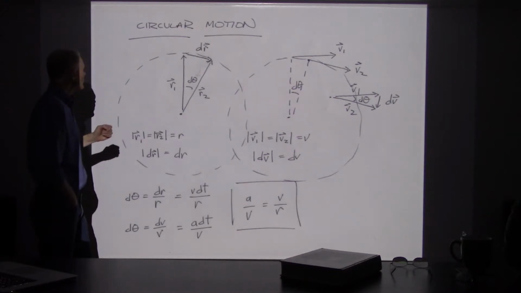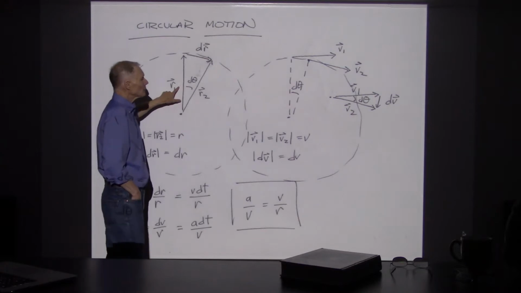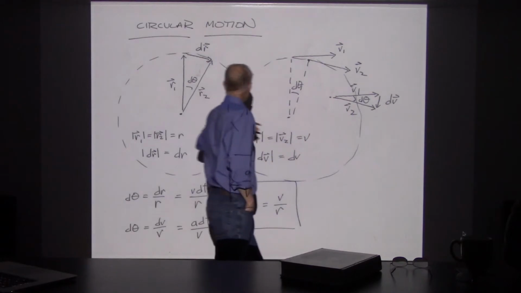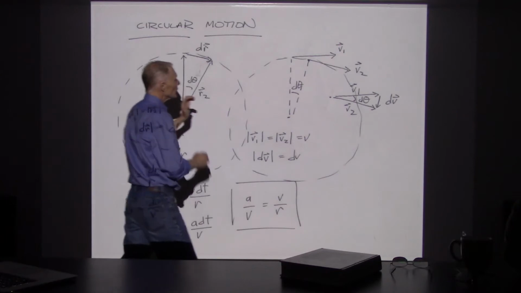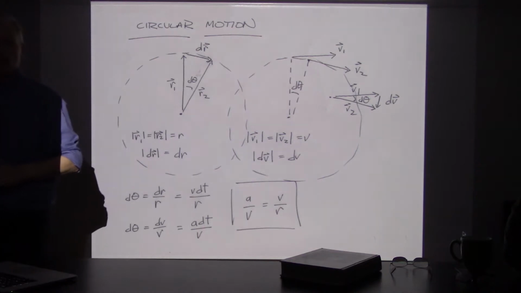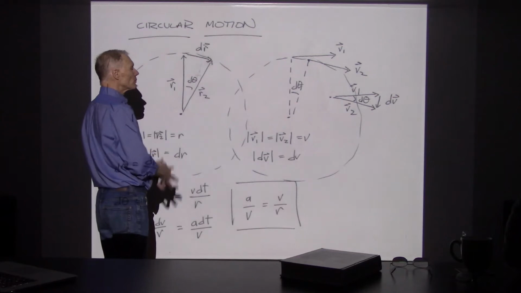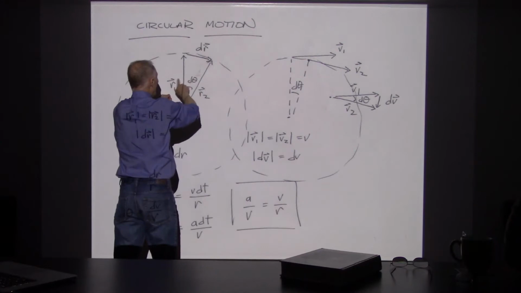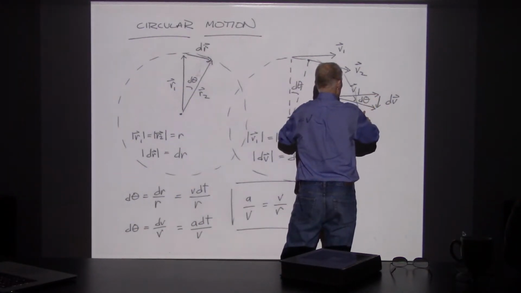So what's interesting in circular motion is that dr is perpendicular to r, and dv is perpendicular to v, and since for an angle of d theta that we travel through, the velocity vector shifts by that very same d theta, these are similar triangles.